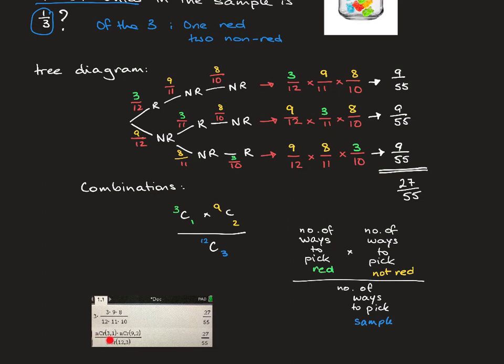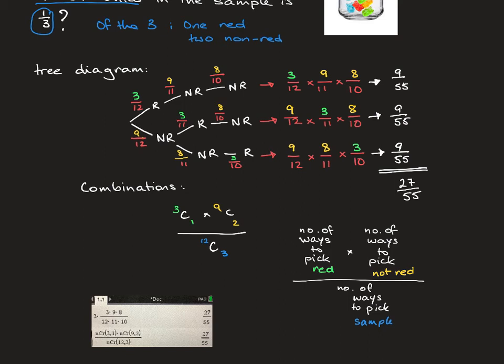And so you would put that into your calculator and it would look like this. And you can see when you ask it for an answer, you get exactly the same answer as what we got when we worked it out by hand using the tree diagram. So you can work it out either way, it doesn't make any difference.